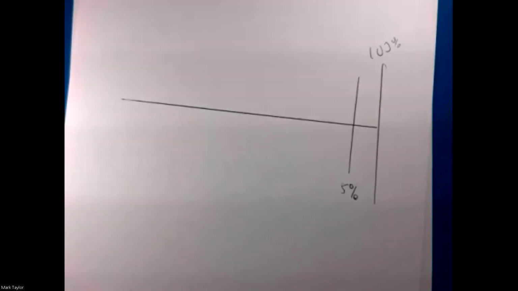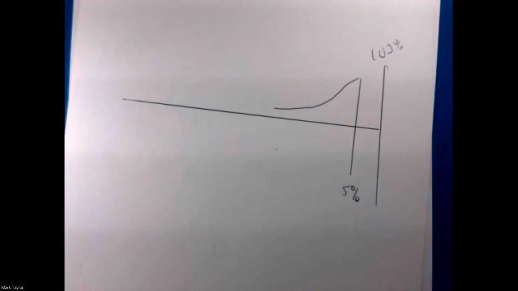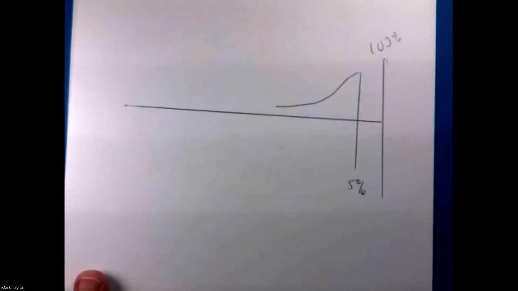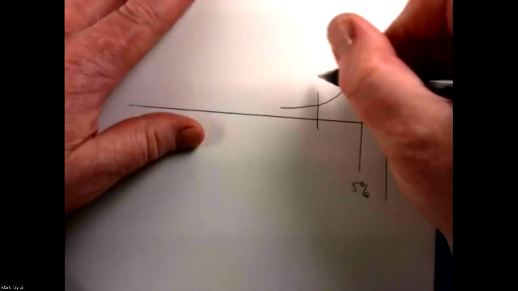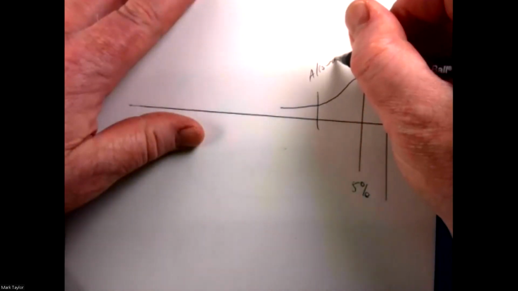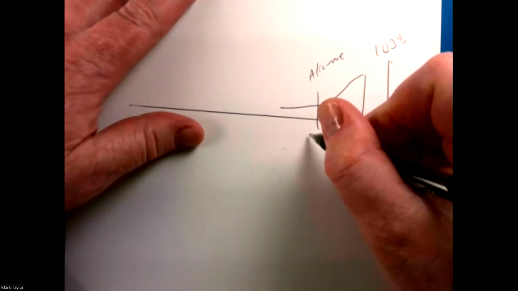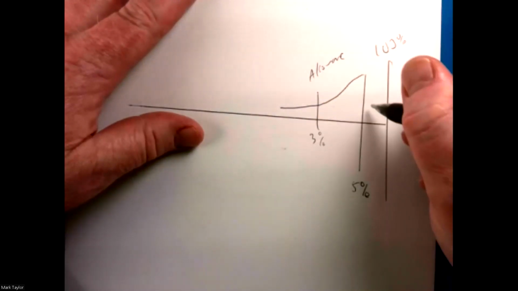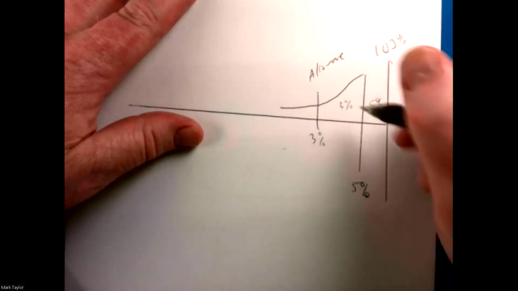But now, because this is a sample, it could be worse by a 3% allowance. See, allowance for sampling risk is 3%. So we're saying that this could be actually 3% worse. So what we're saying is 5% is our best estimate, but it could be 3% worse.